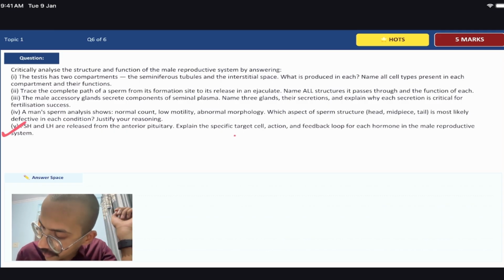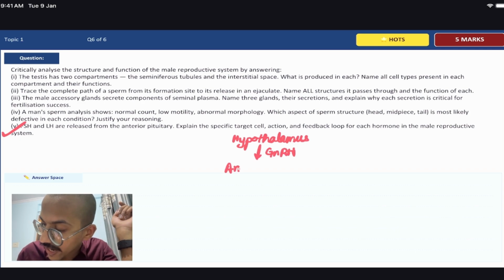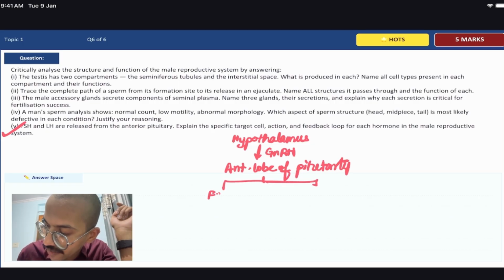So basically, you have your hypothalamus. Hypothalamus will release gonadotropin releasing hormone, which will act on the anterior lobe of the pituitary. Now this will release two hormones, FSH and LH.